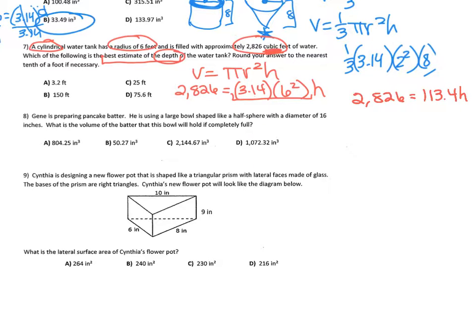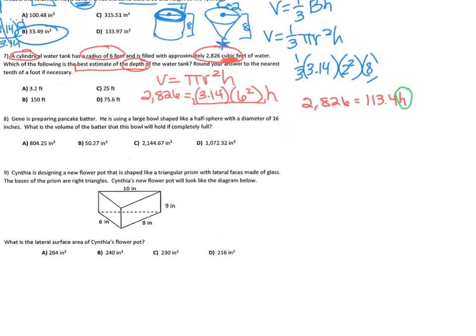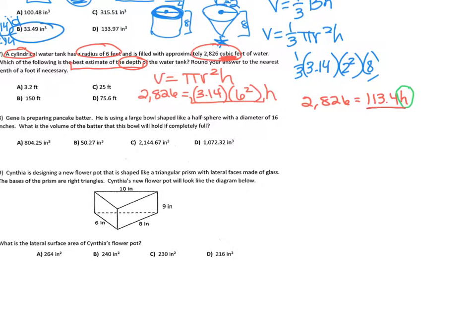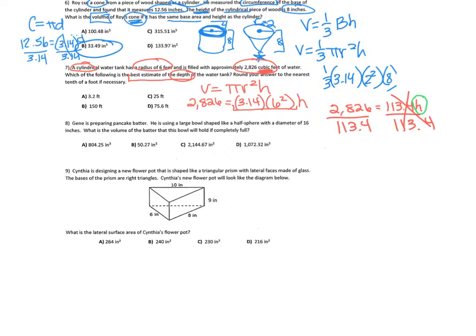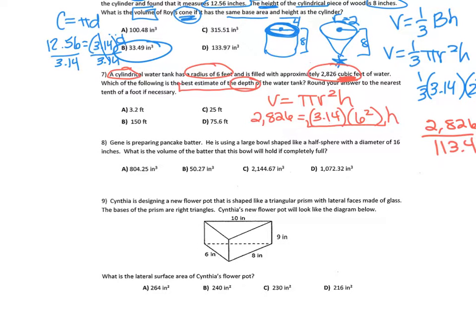So one step equation. How am I going to get that height? Divide by 113.4 on both sides. It's like 24.9. Yeah, you got it. 25.